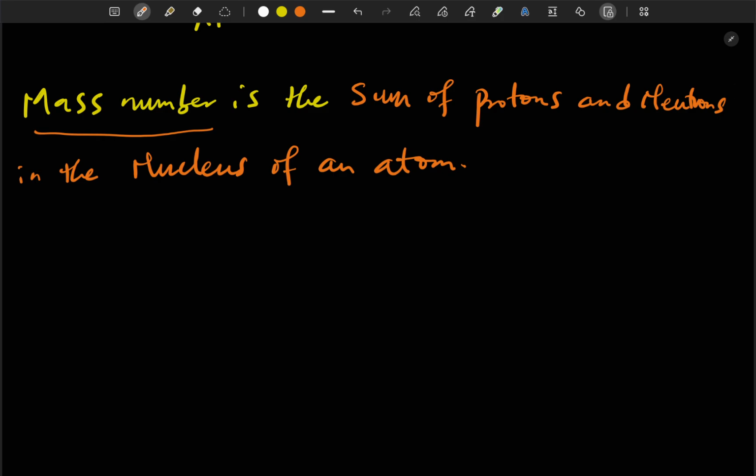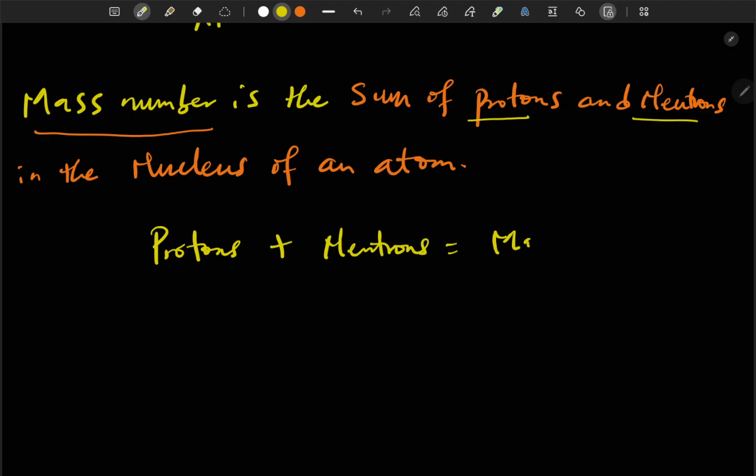It is the sum of protons and neutrons in the nucleus of an atom. So when we have protons plus neutrons, that will give you mass number. Protons plus neutrons is equal to mass number.